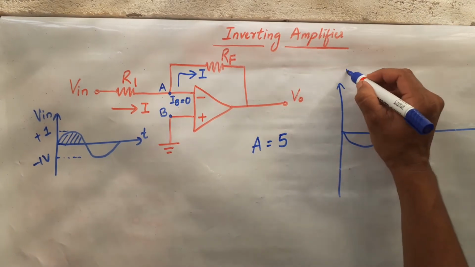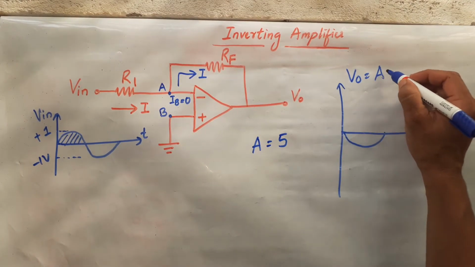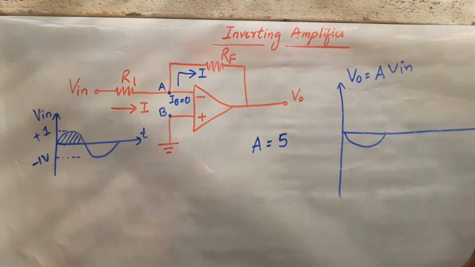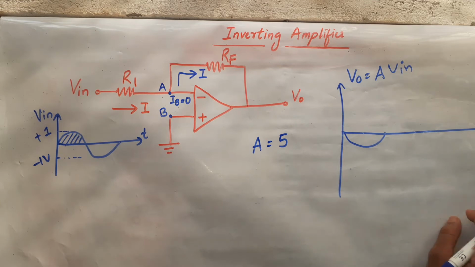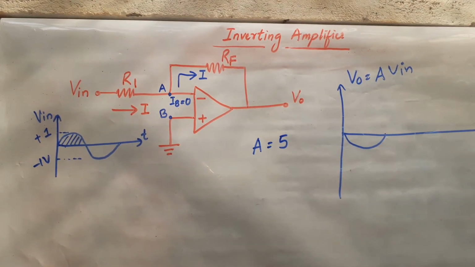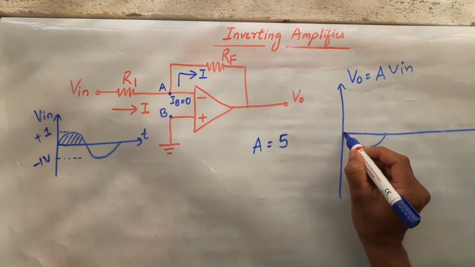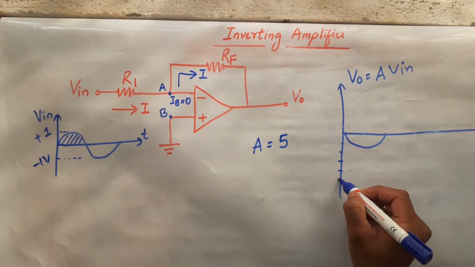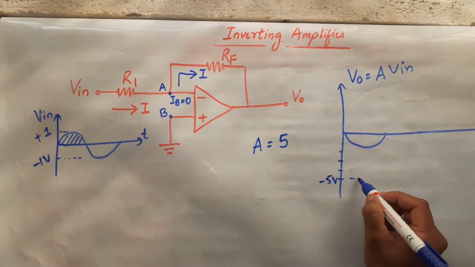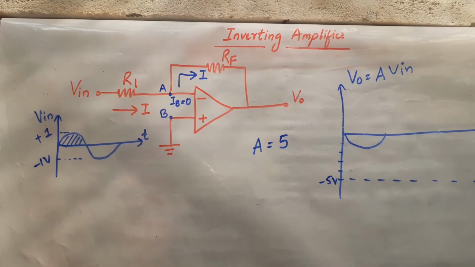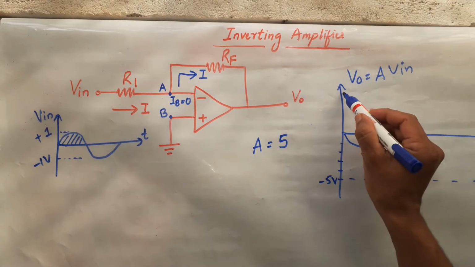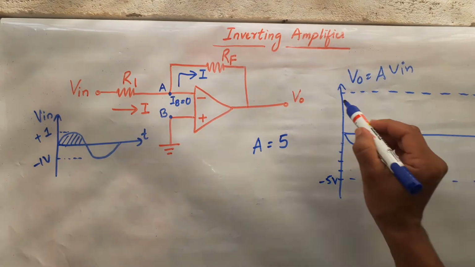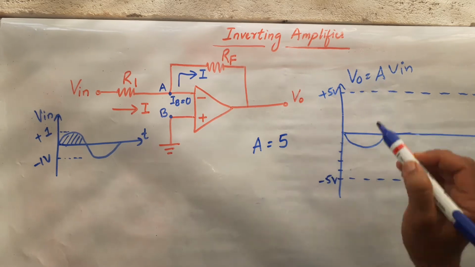So your final output V0 is going to be gain multiplied by V in, means amplitude will be multiplied by 5, so you will not get like this, instead you will get multiplied by 5, 1 2 3 4 5, minus 5, and plus 5 here, this is plus 5 volt.